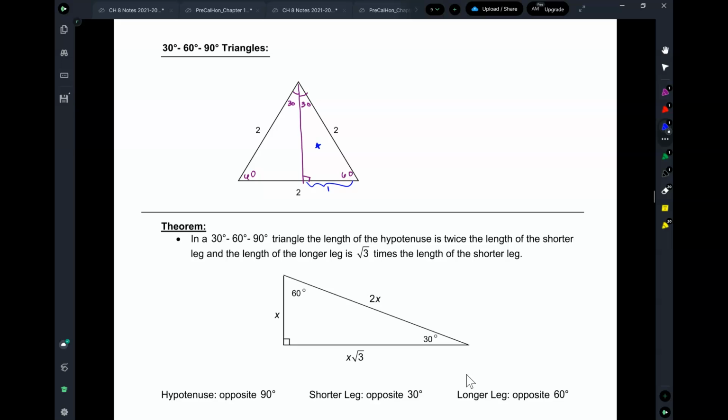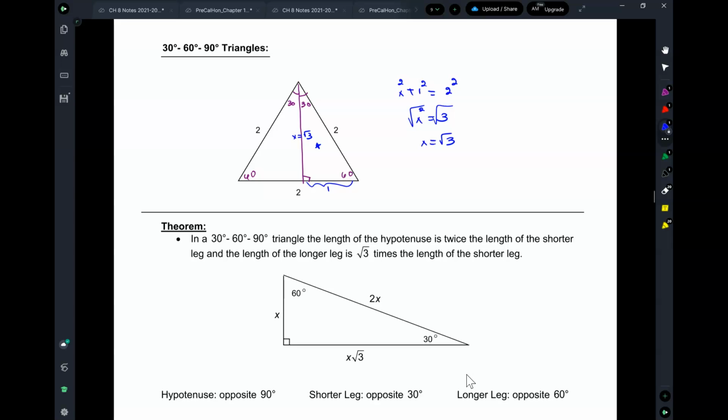So let's find x using the Pythagorean Theorem. X squared plus 1 squared is equal to 2 squared. X squared plus 1 equals 4. X squared is equal to 3. I took a square root of both sides.